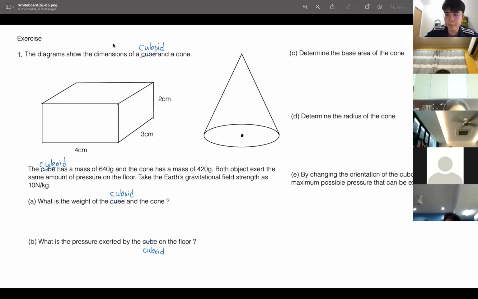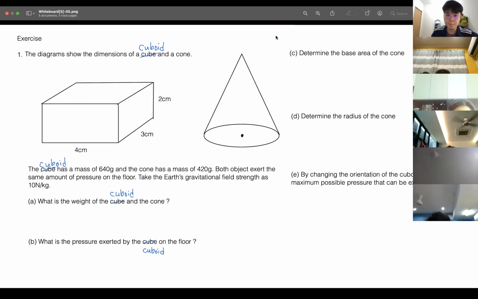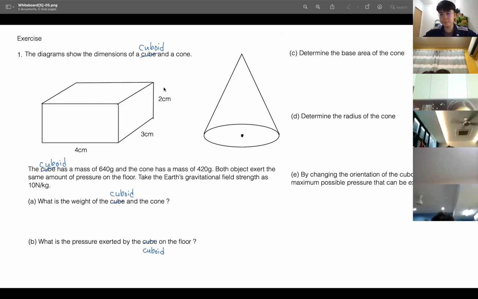No, we don't add them. We don't add the weight. Finished? The base area. Okay, the cone base is a circle, right? So what is the formula?